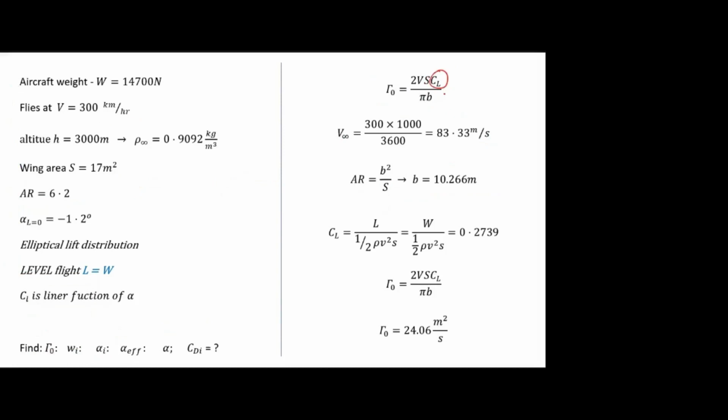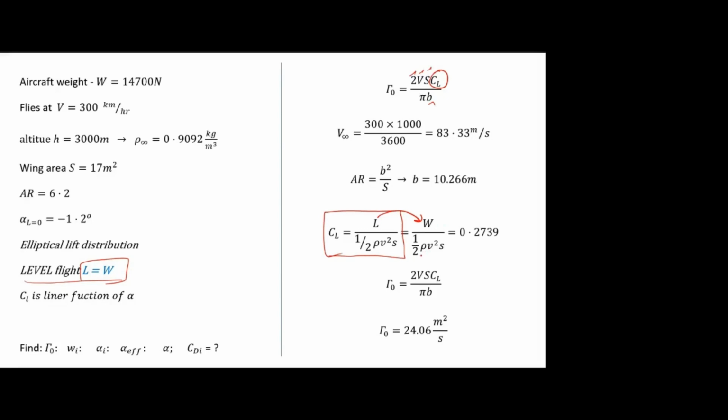So finally, what we have to find is the CL. All other things are known: velocity, area, span, everything we found. To find the CL, I'm writing the general equation: lift divided by half rho V square S. We don't know the lift, but they gave the weight. They mentioned the aircraft is in the steady level condition where lift is equal to weight. So instead of lift, I can take weight.